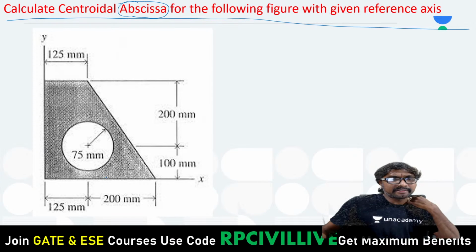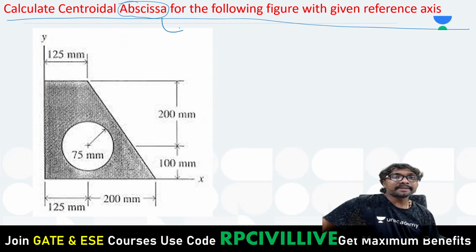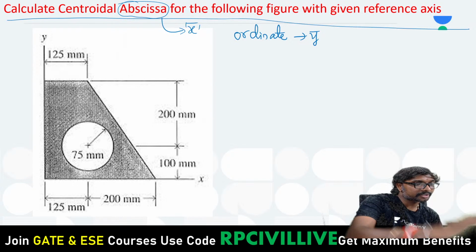Abscissa means x-axis, x value. Ordinate means y value. Abscissa means x value, ordinate means y value. The y-axis is the ordinate and the x-axis is the abscissa.